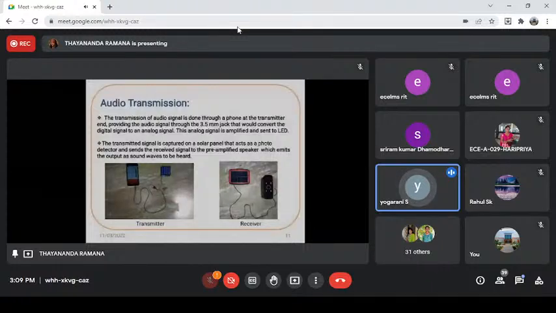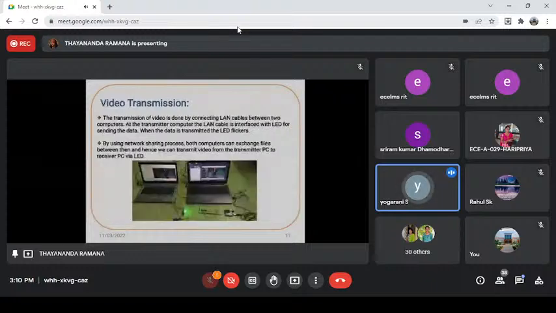We give the audio signal in the audio player, and it is given through the aux cable to the modulator. As a photo detector, a solar panel is attached on the receiver side. It detects the light waves and demodulates the signal and gives the output on the other side in a speaker or any output device.